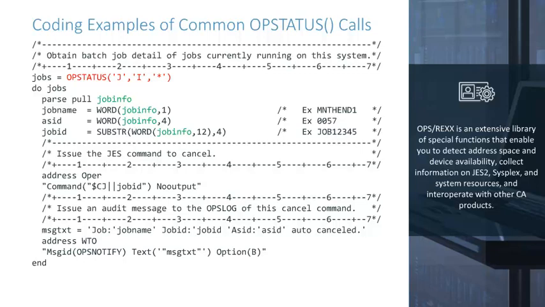The complete contents of this detailed ACID record can of course be found in the OPSTATUS documentation. After obtaining the job ID, the job is canceled within this logic, and then an audit message of the obtained job name, ACID, and job ID records is being sent to the ops log.